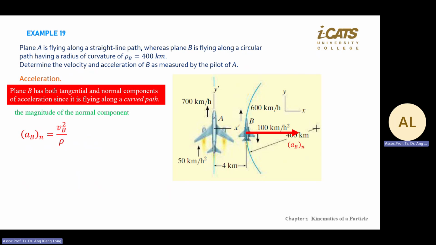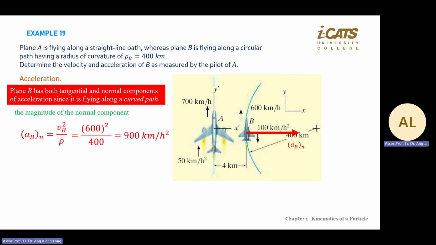You take your velocity and differentiate by time, VT differentiated by time. Okay. So AN, you know that is this equation: Vt square divided by rho, or V square over rho. You take the tangent velocity square and divide by rho, right? And if the rho is not given, you can calculate it from the Y equation, right? So you substitute the value, you get 900 kilometers per hour square.